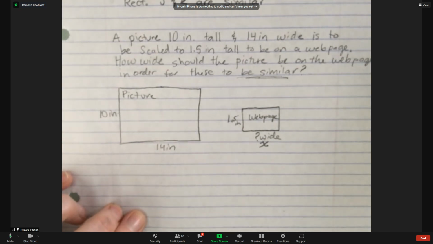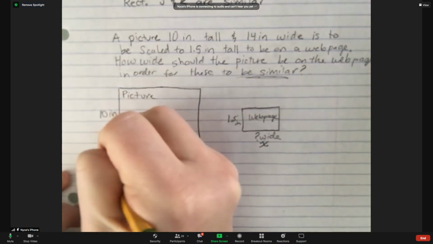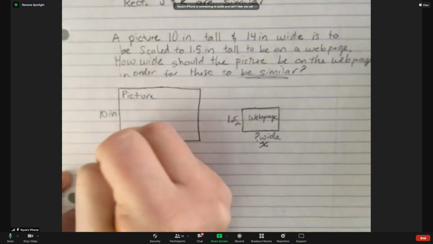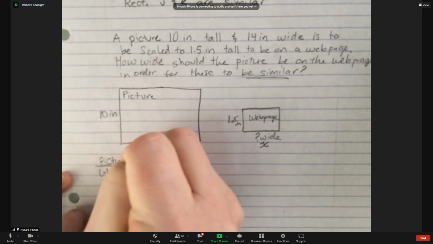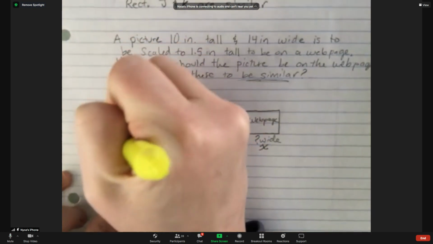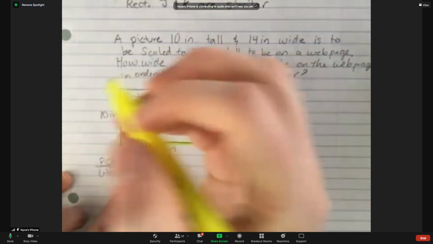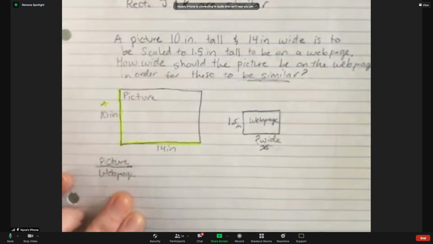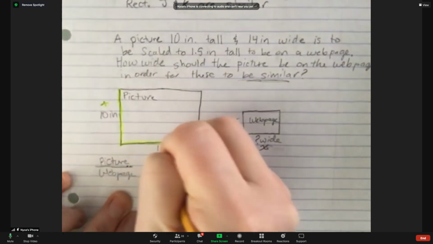So I go back to how I solved my thing at the top. We're going to put the picture on the top, and we'll put the web page on the bottom. Okay, so if I put the picture on the top, I'm going to do my picture in yellow, and I'm going to put my tall on top, so I'm going to put 10 inches on top.